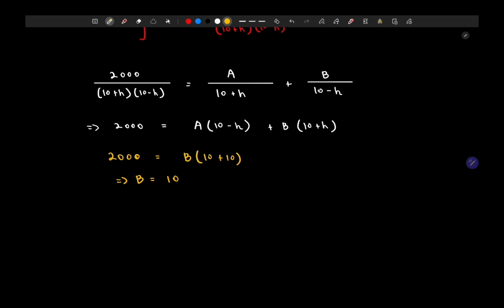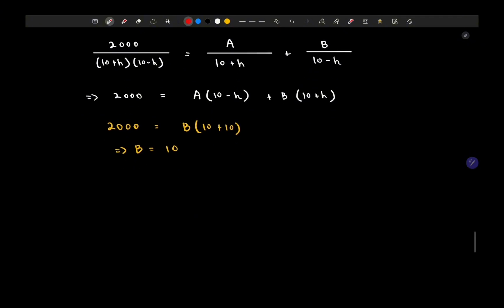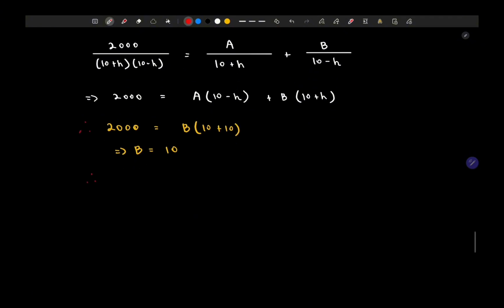And then we need to eliminate this variable. In order to eliminate it, this value must be equal to 0. If we substitute the value of h as negative 10, this whole part becomes 0. So let's substitute negative 10. So 2000 equals a(10 minus 10), that is 10 plus 10.